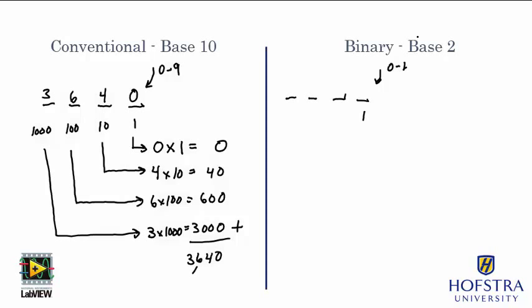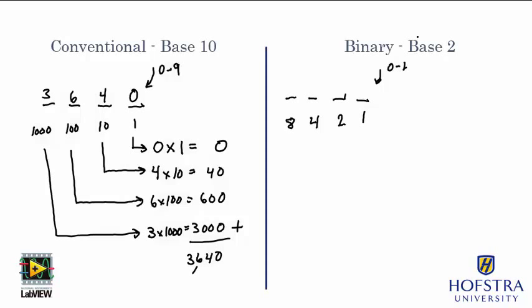The first column is still the ones column, but now the second column, which was the tens column, is now just the twos column, or we multiplied the column previously by our base. The third column then is 2 times our base of 2, which is equal to 4. And then lastly, we have 4 times our base 2, which is 8.